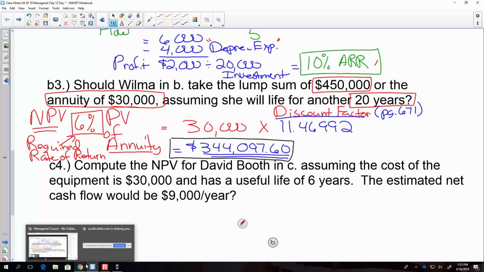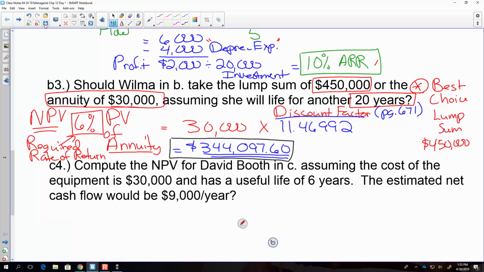So the best choice is to take the $450,000 lump sum rather than the annuity. And that's what most people do. They take the lump sum. And then sometimes they're broke in a couple years. But that's the way it goes.